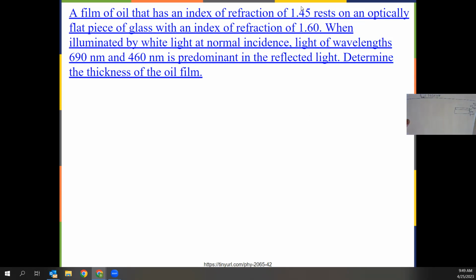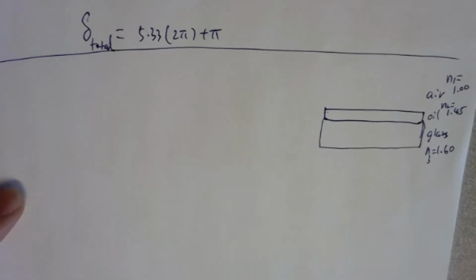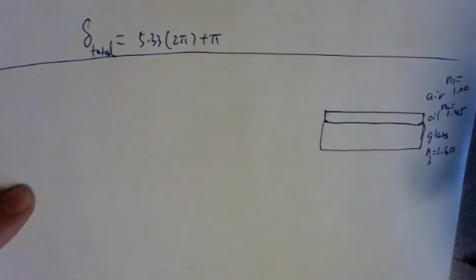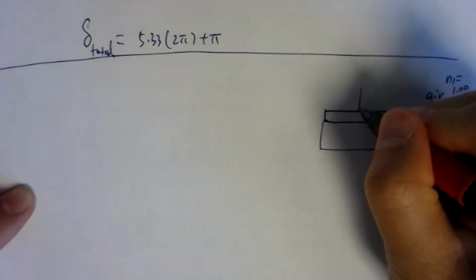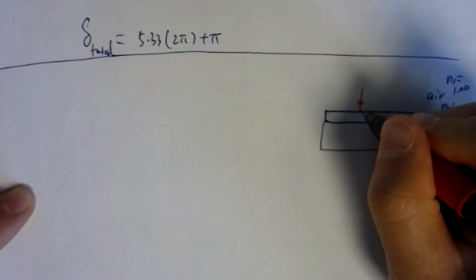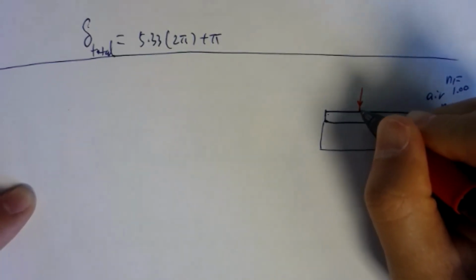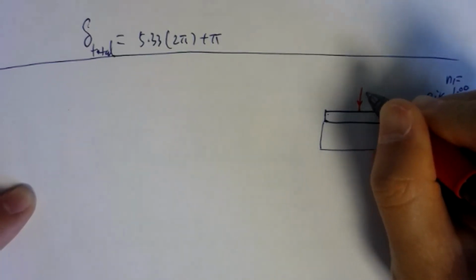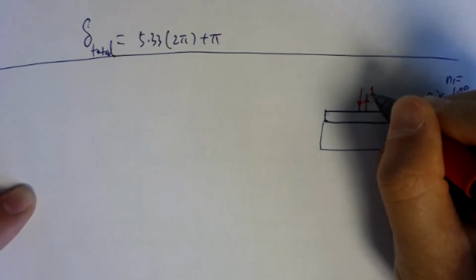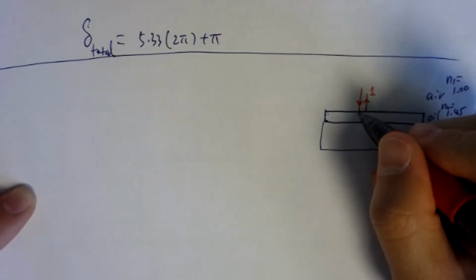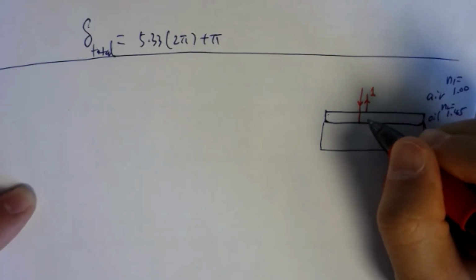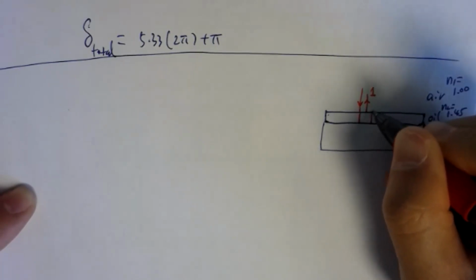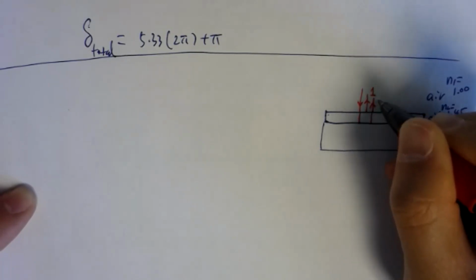So let's see. Normal incidence, okay? So normal incidence goes in here, and gets reflected. I'm going to just shift it to the side so we can see the reflected ray. So reflected ray number 1. Okay, the other part will enter and then get reflected. So I'm going to shift it over here so we can see the reflected ray emerging.